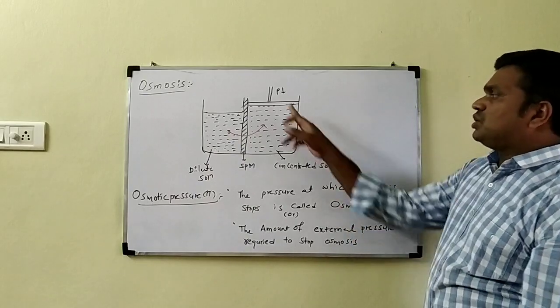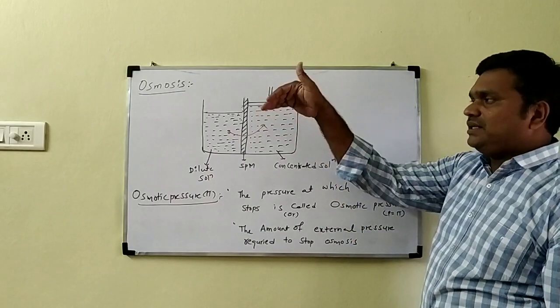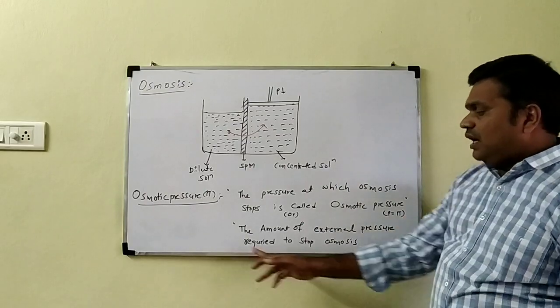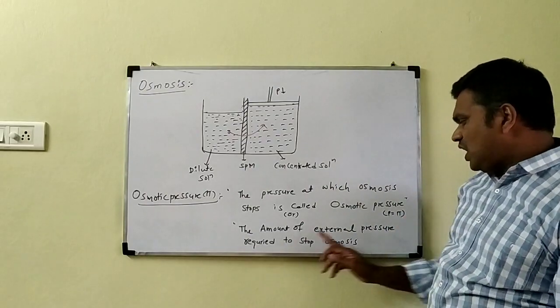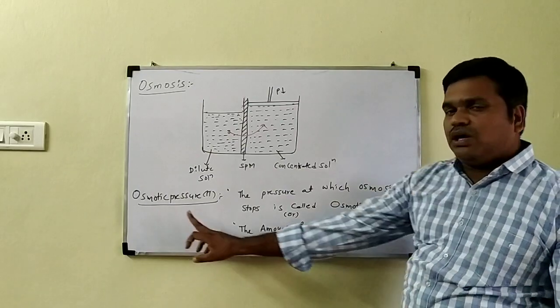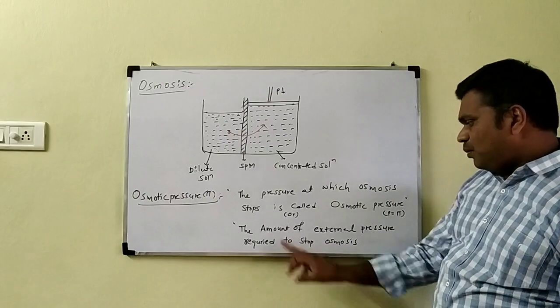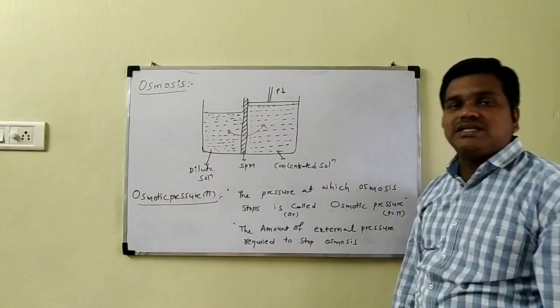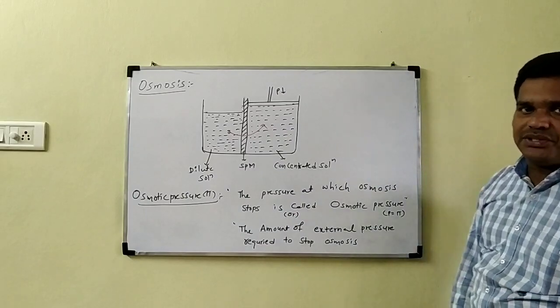The pressure applied is equal to pi, so P is equal to pi. One more definition: the amount of external pressure required to stop osmosis is also called osmotic pressure.